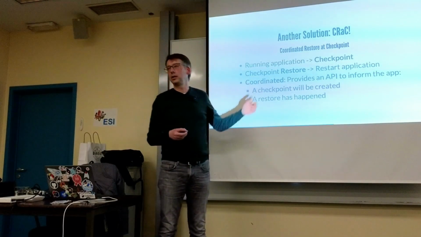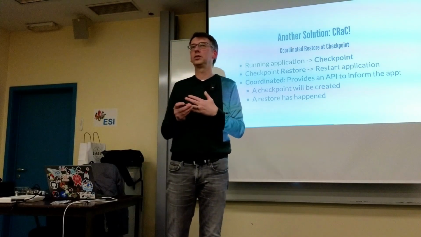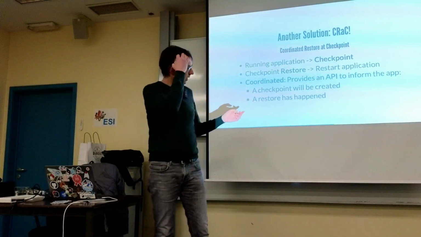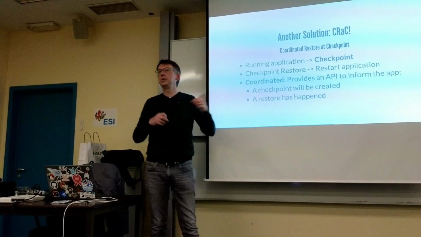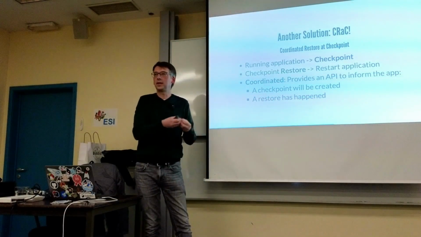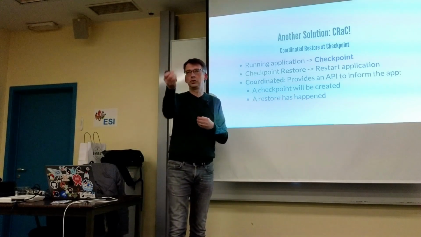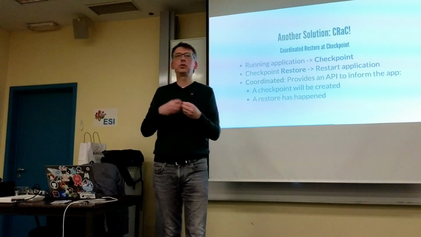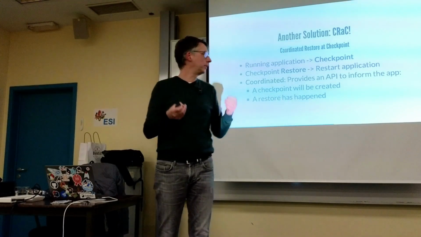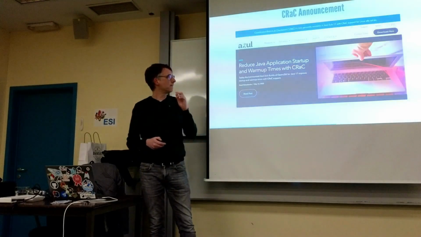A log file, close a log file, close a network connection, all that kind of sockets, that kind of things. That means that if your application restarts, you also need to know that it has restarted, that you have to reconnect to your database, that you have to reconnect to your network or your log file. So all these parts are handled within the CRaC project.